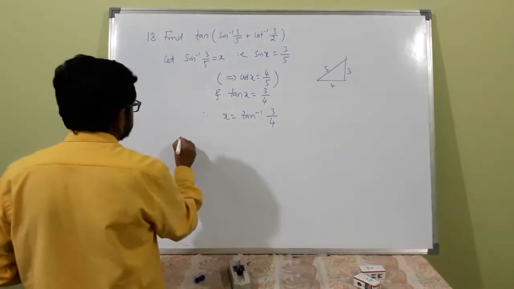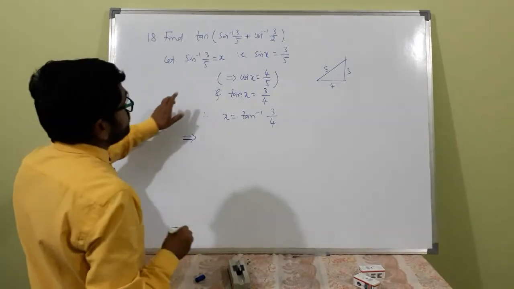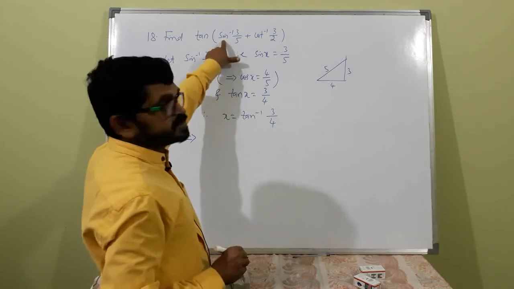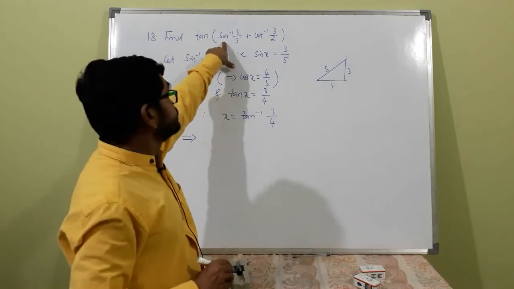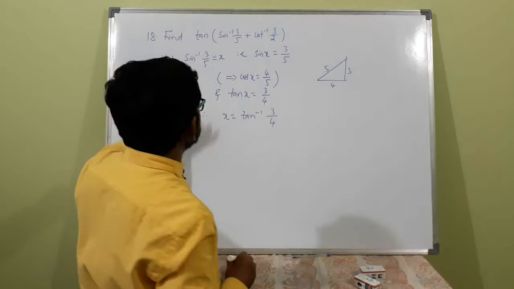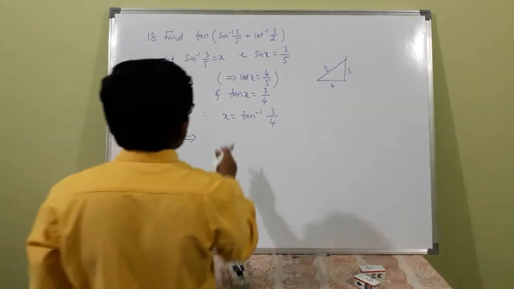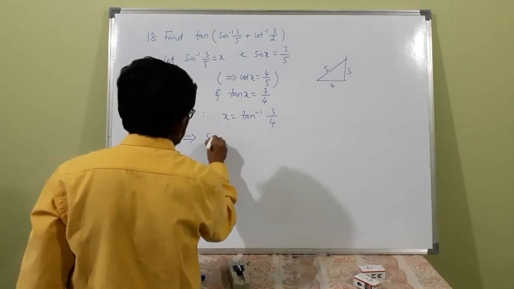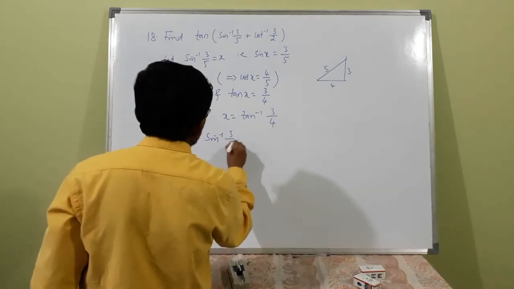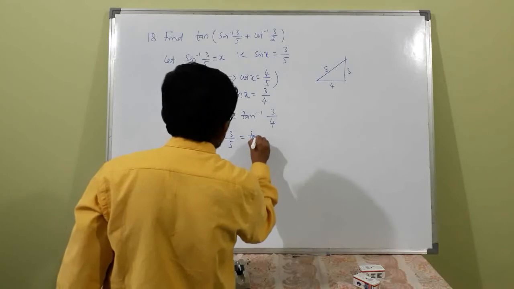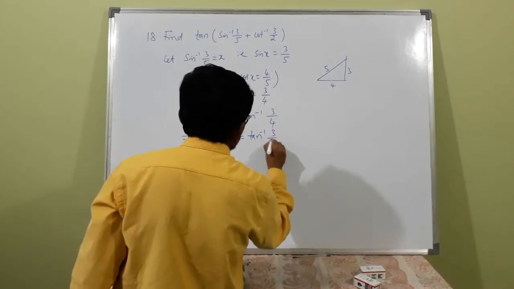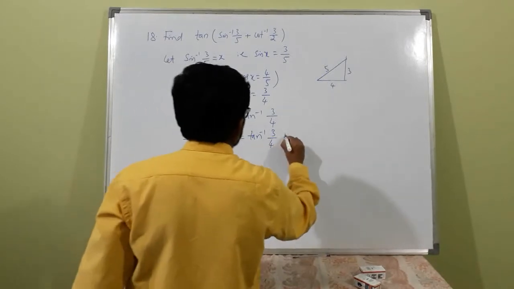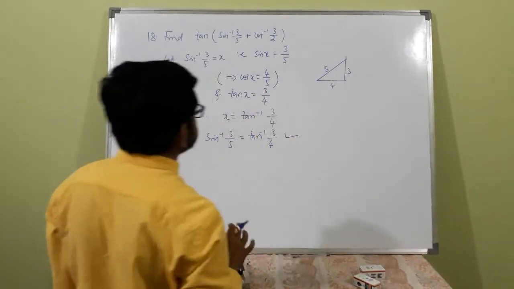Our intention is to express this as tan inverse function. Sin inverse of 3 by 5 is equal to tan inverse of how much? This is also x, this is also x, means sin inverse of 3 by 5 is equal to tan inverse of 3 by 4. By this diagram also you can directly write this step without finding these things.